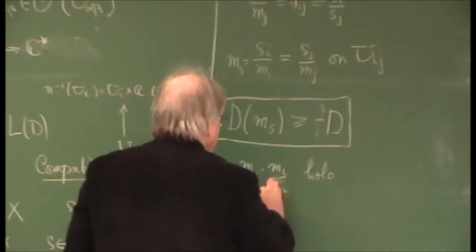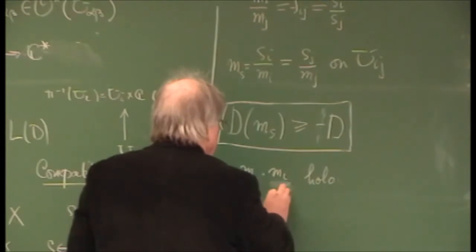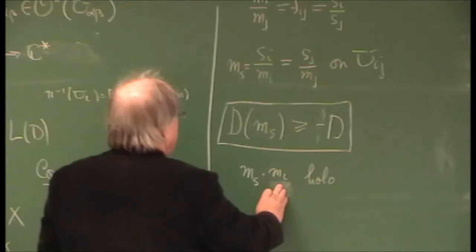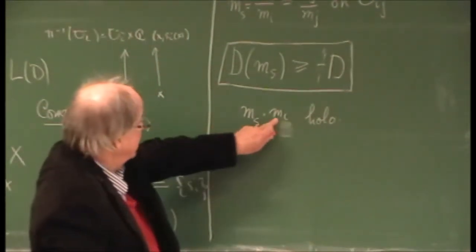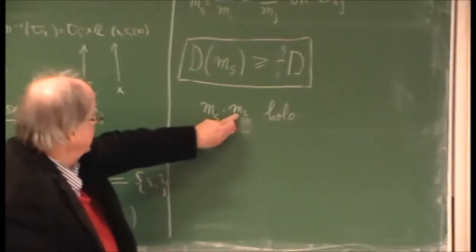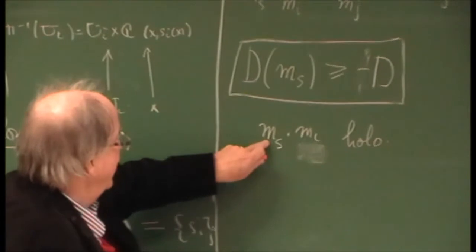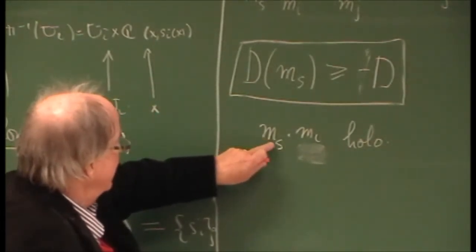No, I don't want to do that. This is what I want to do. Have I got it right? Because that's, yeah, this is holomorphic, right? So this has certain poles. That means, did I get this right? m_i times this thing is holomorphic.